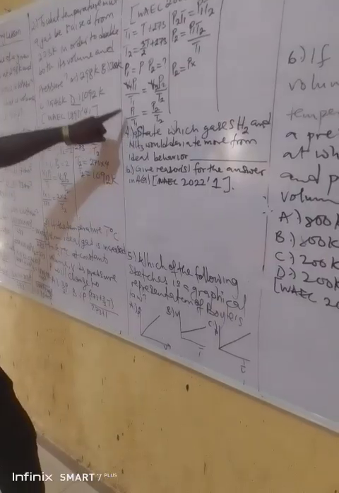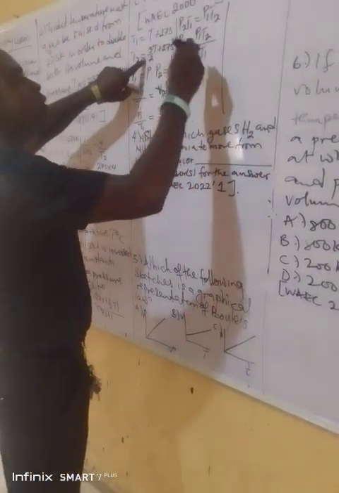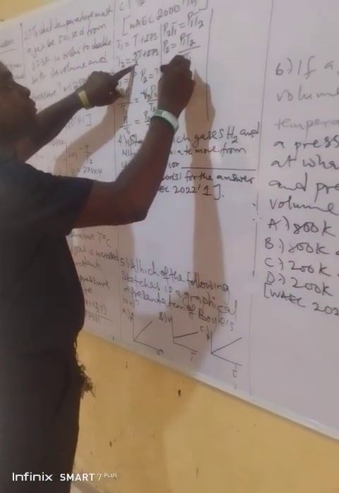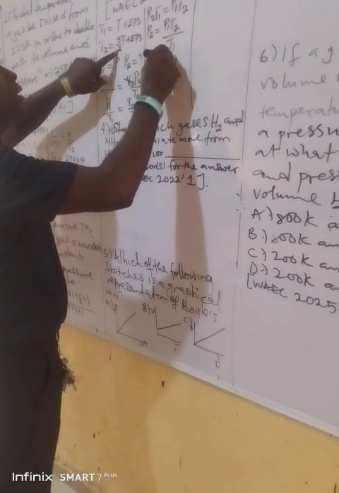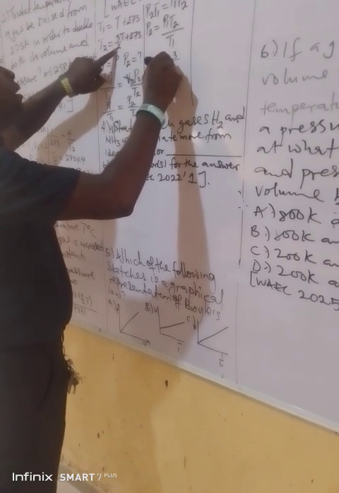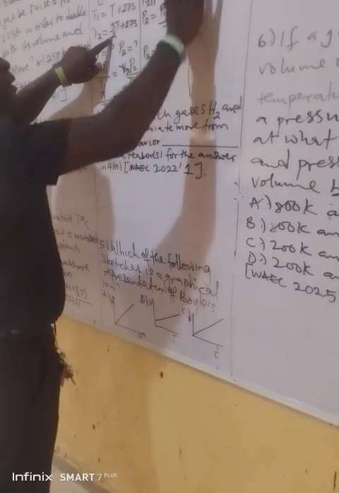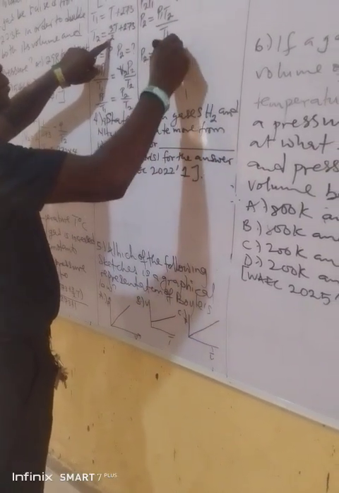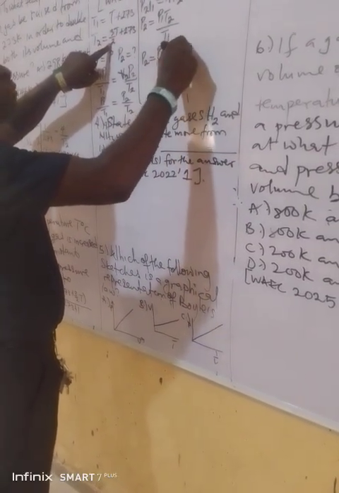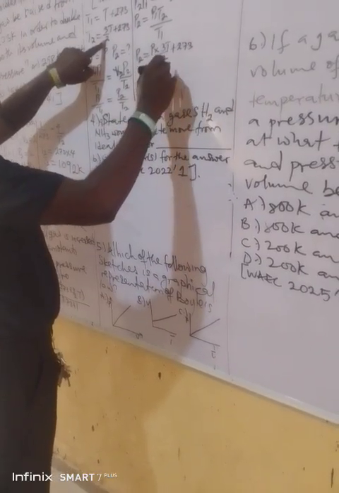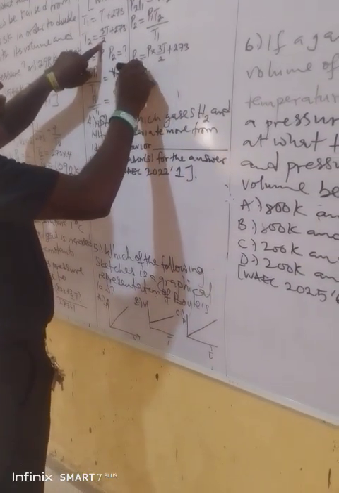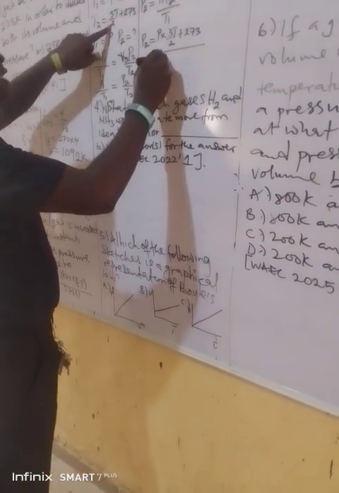I can write this one now as 3T over 2, plus 273, divided by, what's my T1?